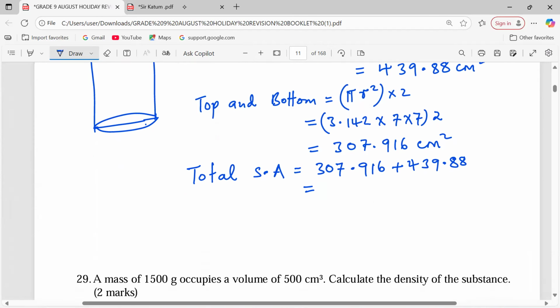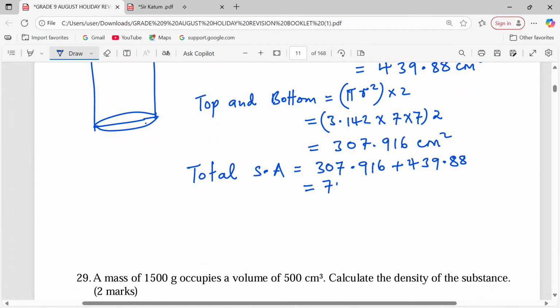So this shall be 747.796 square centimeters.